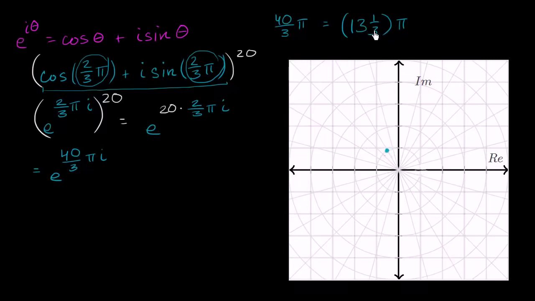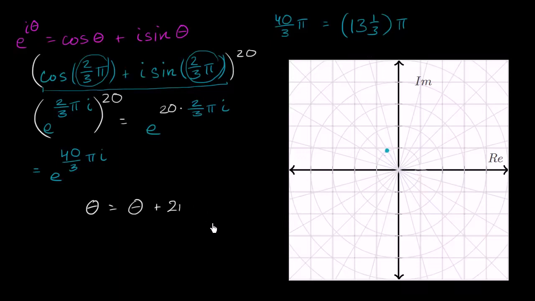In order to simplify this, let me subtract the largest multiple of 2 pi that I can, to get this in as small a form as possible. Because if we have some angle, it's equal to that angle plus some multiple of 2 pi, where k is any integer. So k could also be negative; we could be subtracting a multiple of 2 pi.